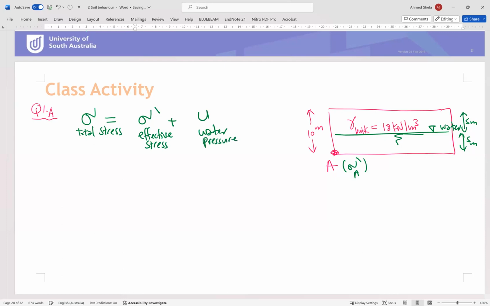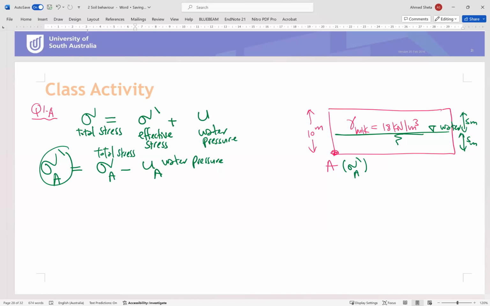From this formula, sigma dash will be sigma minus U. Sigma dash at A will be sigma at A minus U at A. So the effective stress equals the total stress minus the water pressure at A. This is the formula we are using.